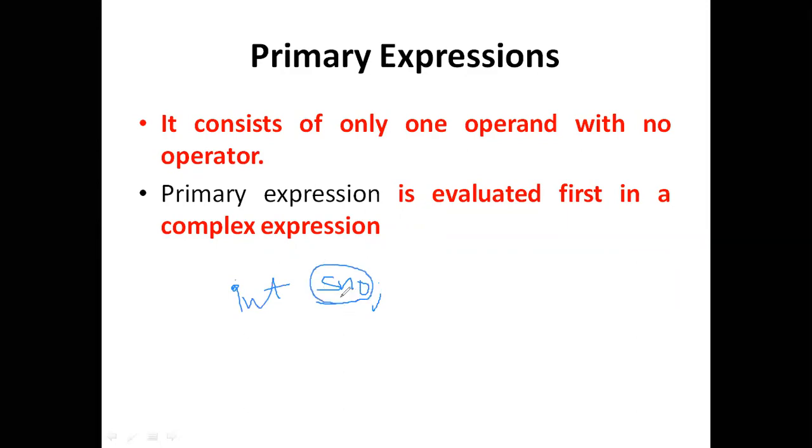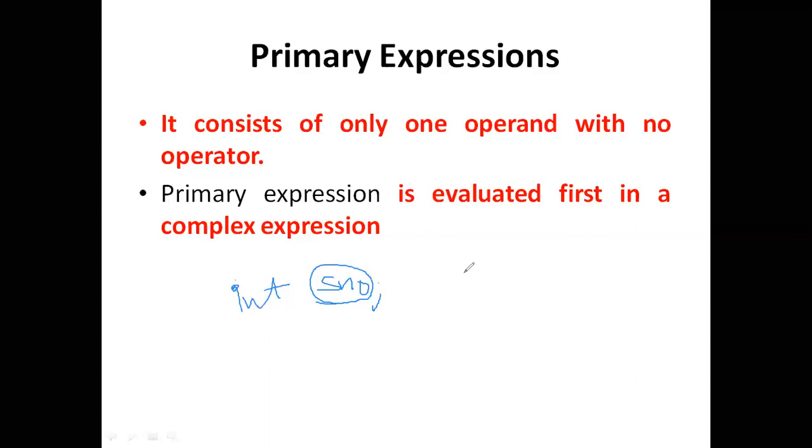These things are called identifiers. This student number we call primary. Primary expressions are nothing but identifier names, and we call them primary.